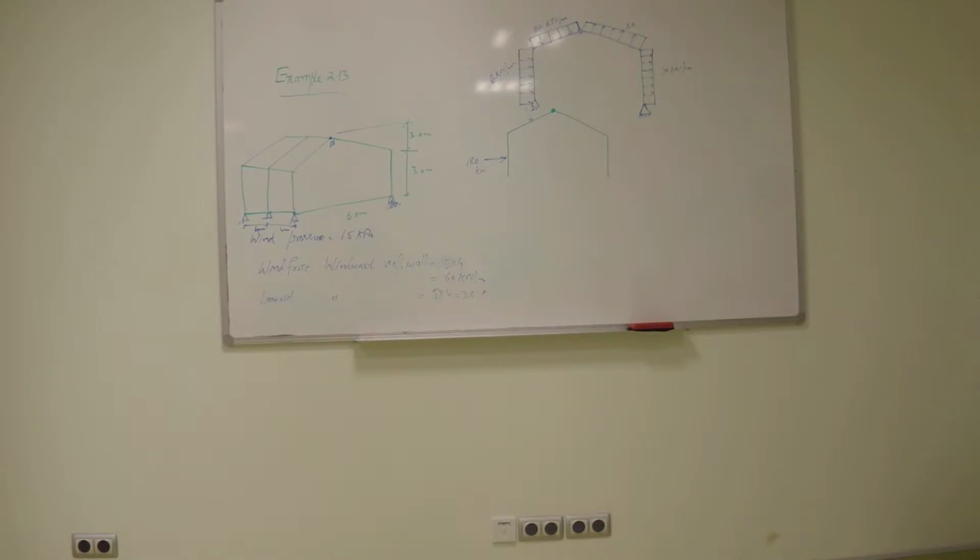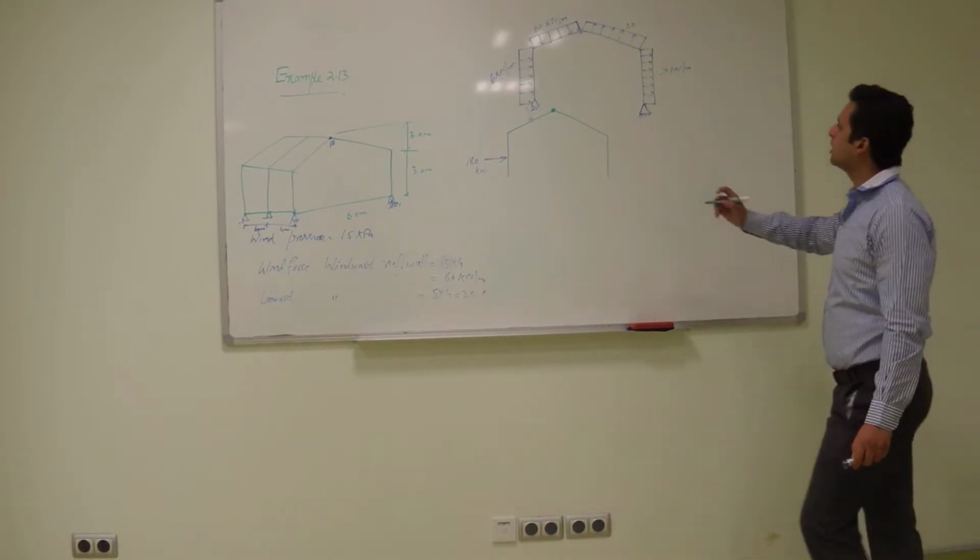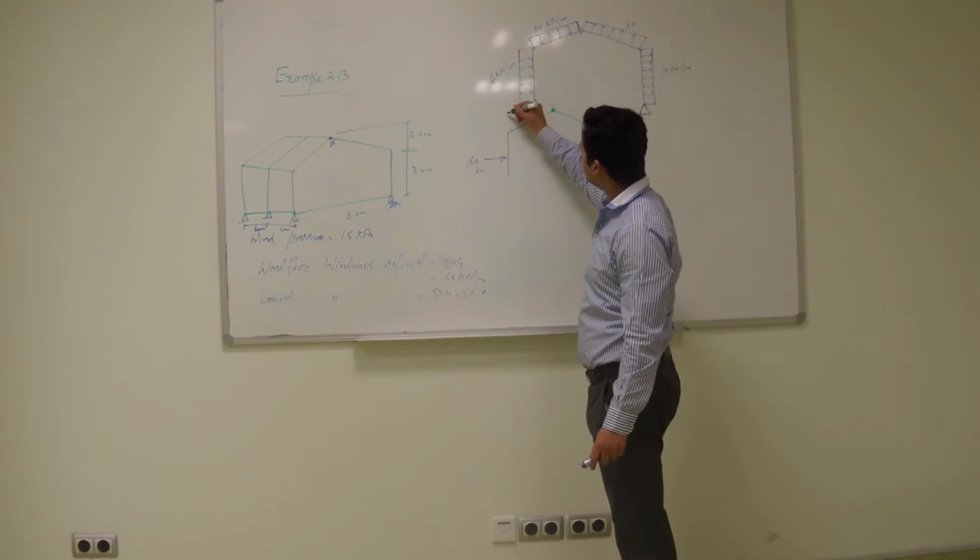If you don't have a calculator, that should be 4.24 meter, multiplied by 60, gives 254.